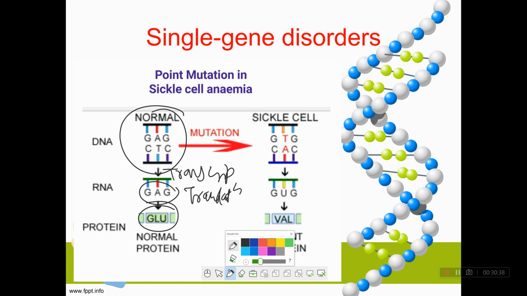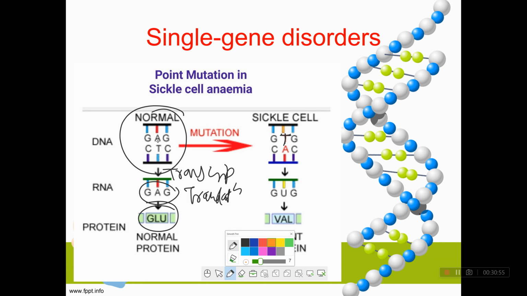But in sickle cell anemia, after mutation, a point mutation takes place, and this A will change into T, right?